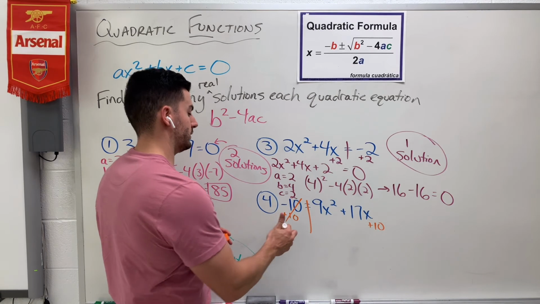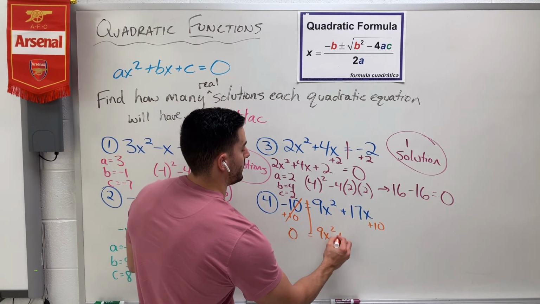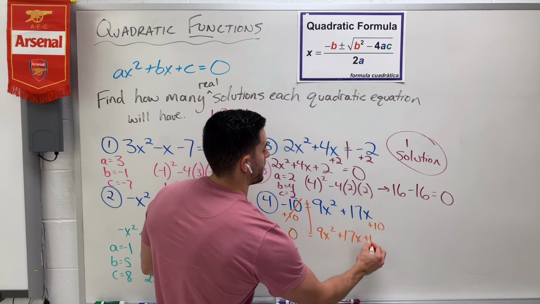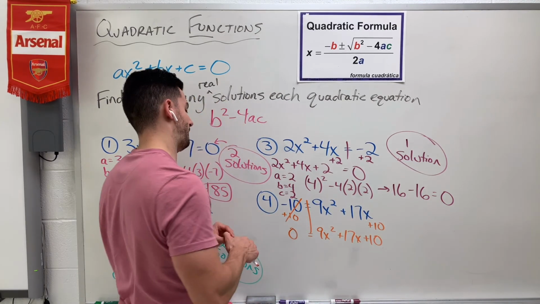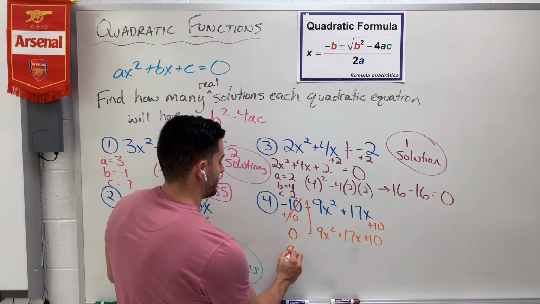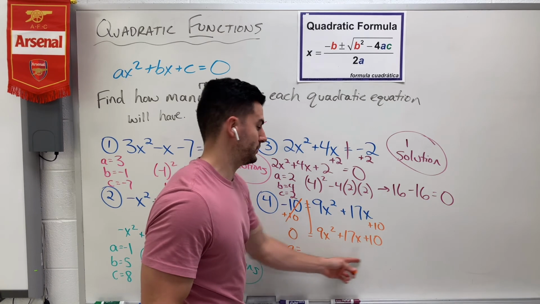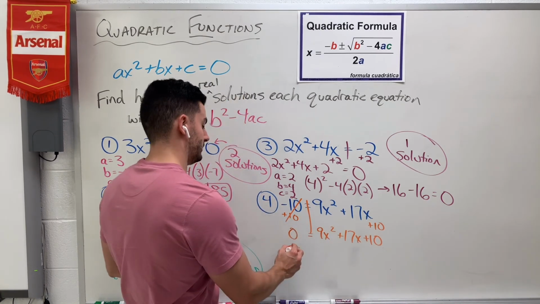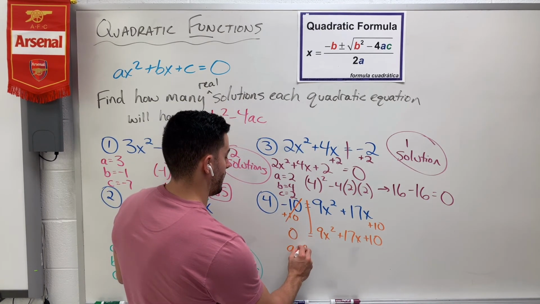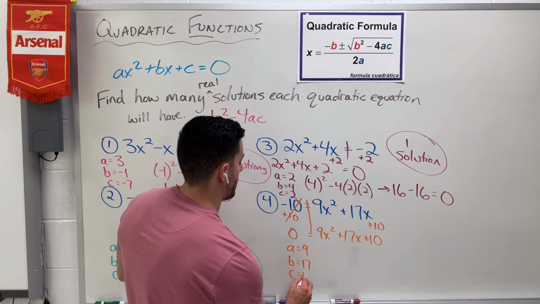So I'm there, and it says 0 equals 9x squared plus 17x plus 10. Okay, some bigger numbers here. And so again, it says equals 0 on the left now, but it doesn't matter. We're still focusing on this trinomial here. So a is 9, b is 17, c is 10.